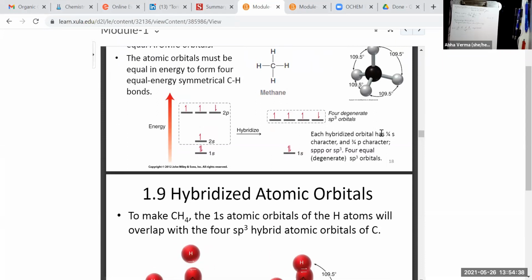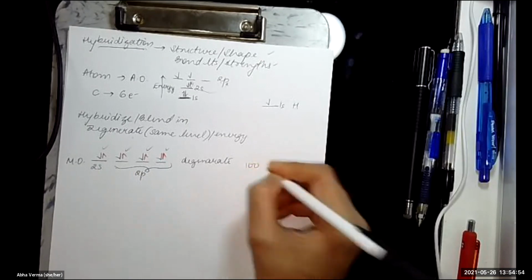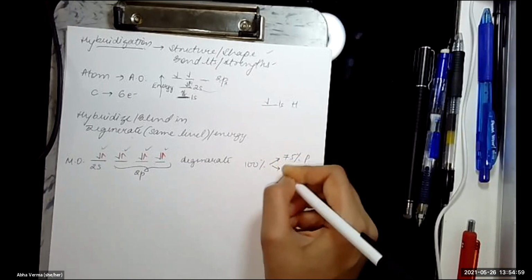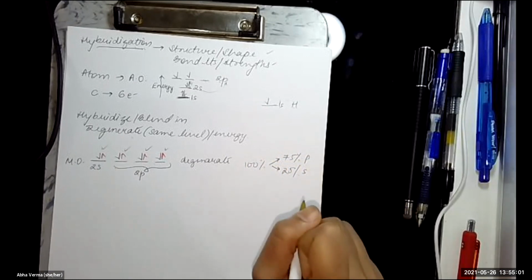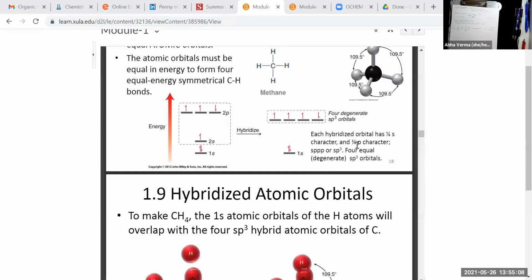Each of these orbitals has 1/4 s character and 3/4 p character. That's very reasonable, right? Because there is 1 part s and 3 parts p. If I have 100%, 75% will be p and 25% is s. Does this make sense? So 1/4 part is s orbital, while 3/4 part is the p orbitals.